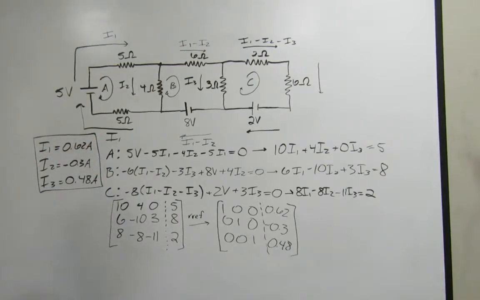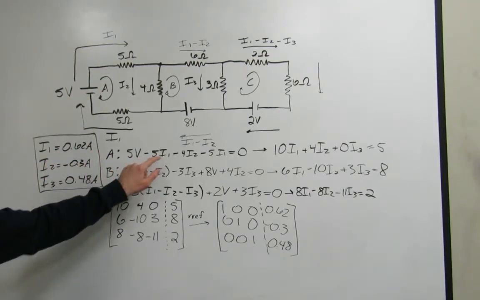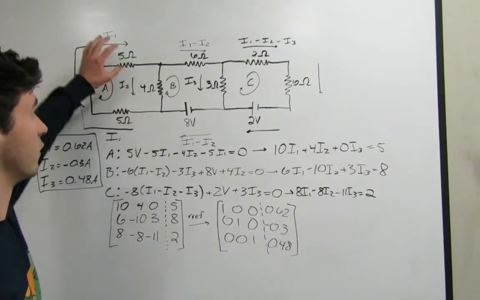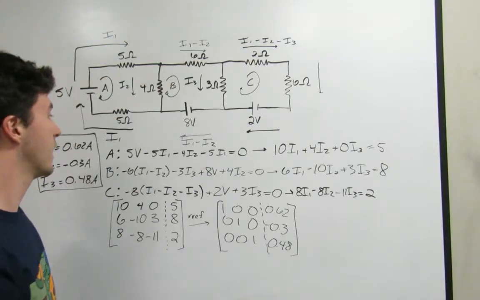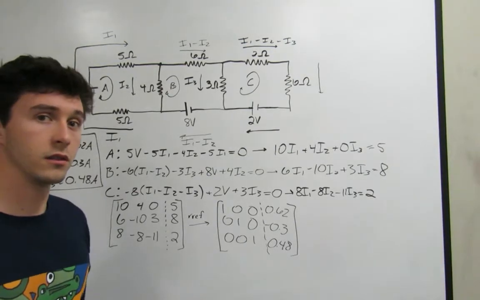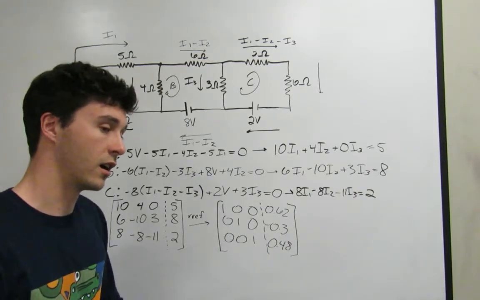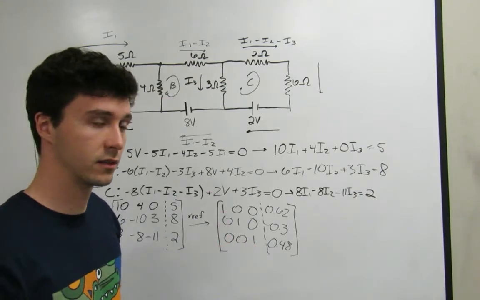So now this is really helpful because now we can go back through and we can plug in each value for the current with the resistor, and we can find the voltage dissipated or the voltage used by each resistor. And then once we find the voltage through each resistor, we can use another formula where power equals current times the voltage, and that'll give us the power dissipated by each resistor.